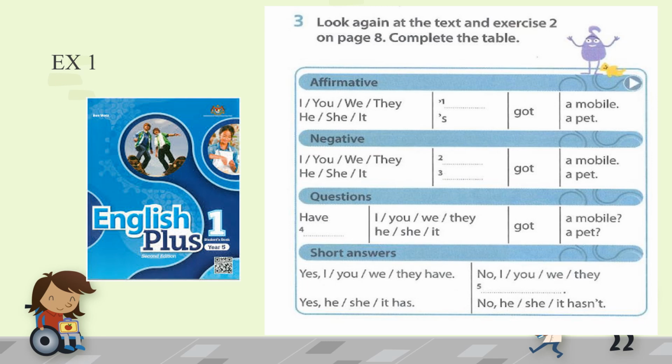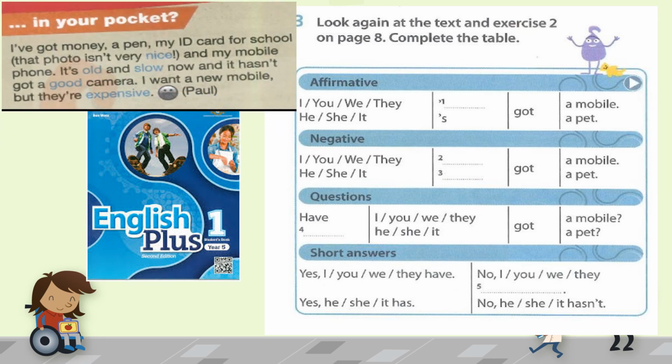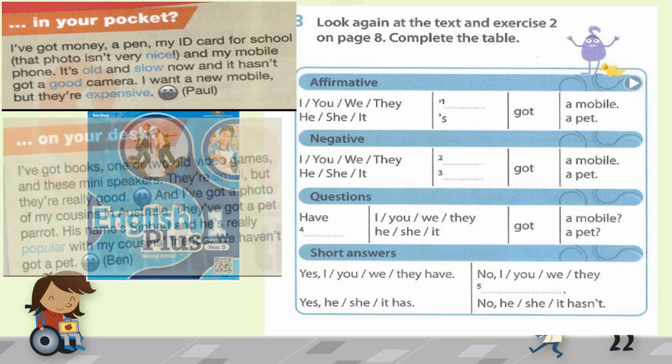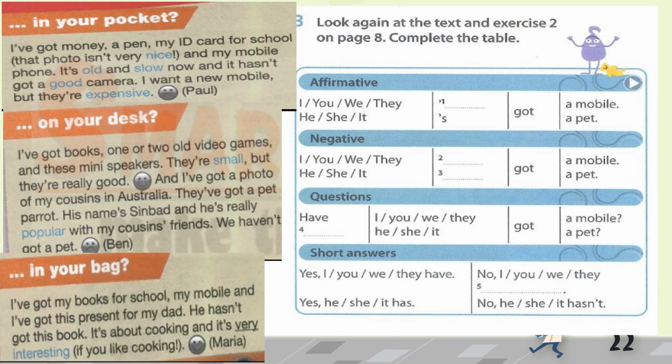Number 1, number 2, number 3, number 4, and lastly number 5. So how do we find the answer? We need to look at these 1, 2, and 3, these 3 texts that we have learned in the last video.